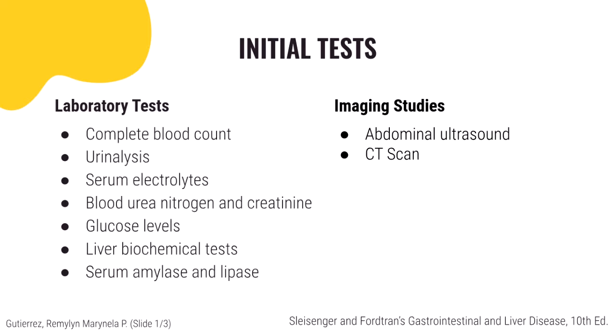Now, in all of those differentials, small bowel obstruction, perforation, is there a simple test for you to do right away? You can already tell us whether there is perforation or small bowel obstruction.